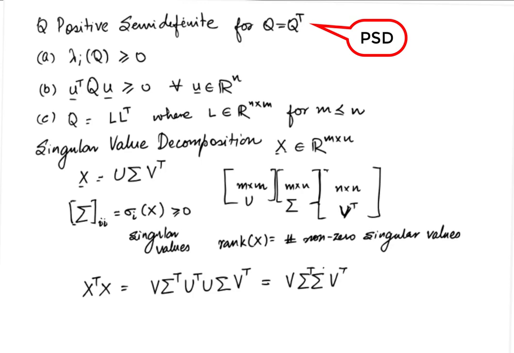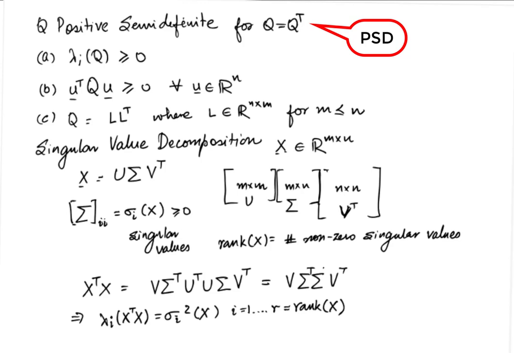In fact, if you multiply these two matrices carefully, you will see that the ith diagonal entry, which is essentially the ith eigenvalue of X transpose X, is exactly the square of the ith singular value. Clearly, if the rank of X is R, then there are R non-zero singular values of X and correspondingly R non-zero eigenvalues of X transpose X.